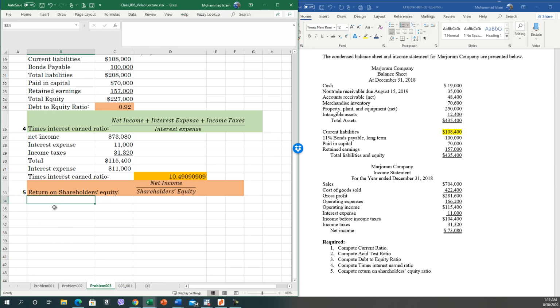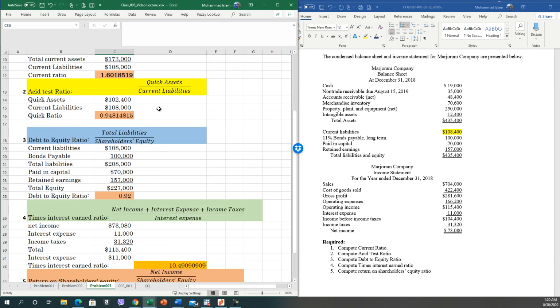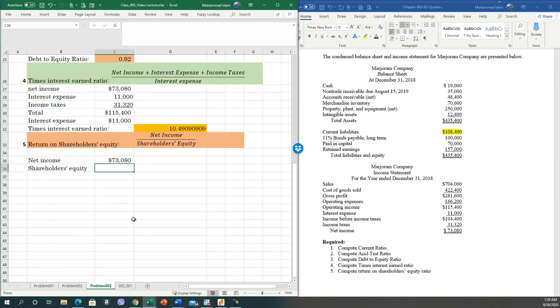We have net income, which is equal to 73,080, and total shareholders equity, which we have already calculated over here. So total equity 227,000.